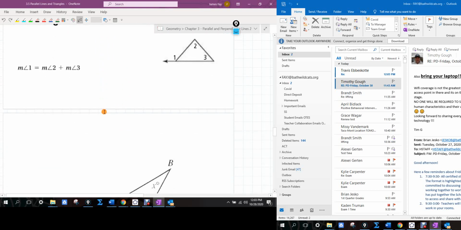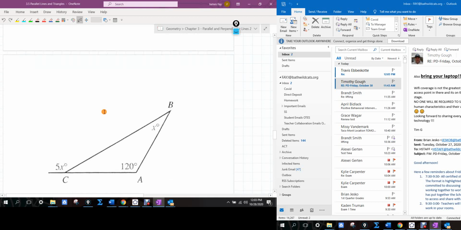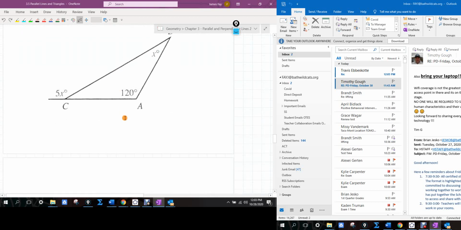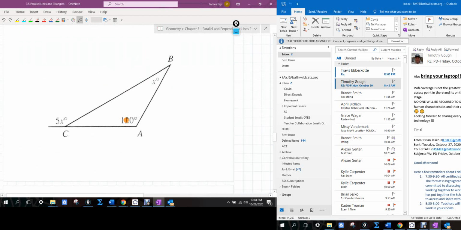So let's get down here and see some examples with this. Usually the identifier for using that theorem is that they're going to have a triangle, and then they'll extend one of the sides of that triangle, and hopefully that jogs your memory that we're going to use this theorem.